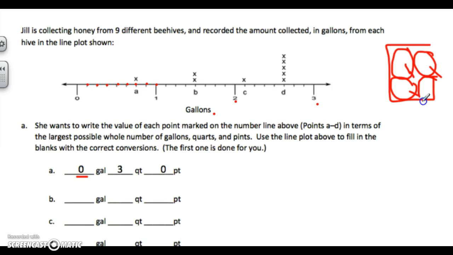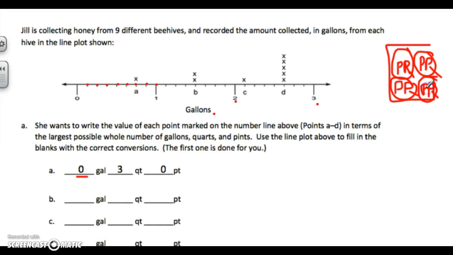And inside each quart is 2 pints. And I can draw them all because I need to do that. So if there's 2 here, and there would be 4 there, and this would be 6 and 8.